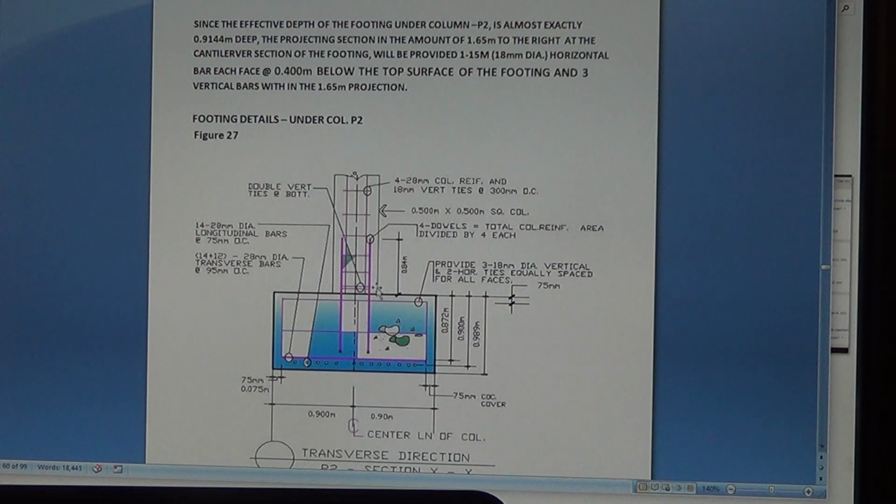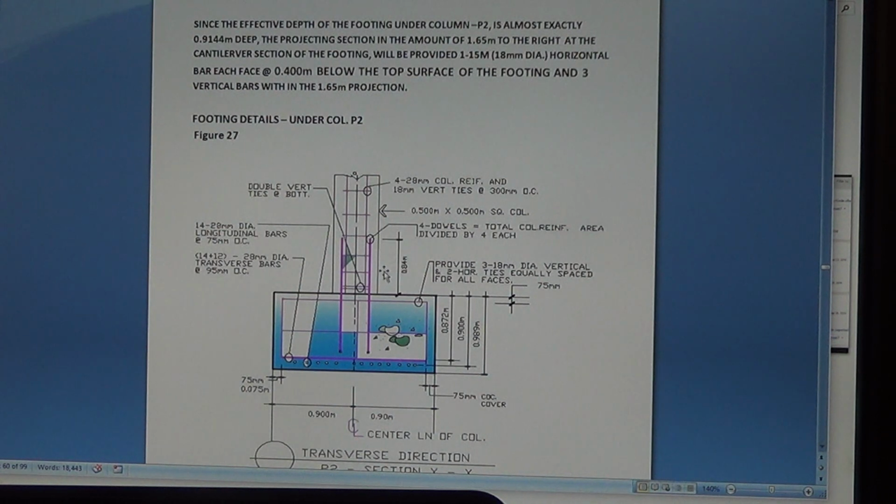Okay, and there's a transfer of load here. The load from the vertical reinforcement is transferred to the dowels and goes through the foundation. Alright, and this distance here, the projecting distance from the top of the foundation, is 30 times the diameter of the dowel.